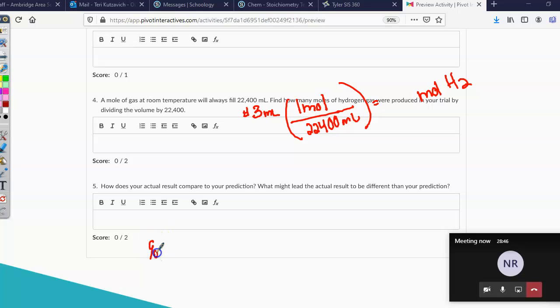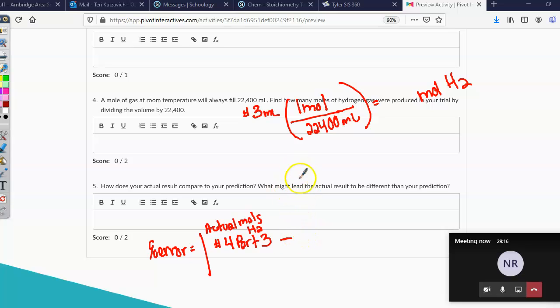Number 5, you're finding your percent error, which you have done twice so far. So it's actual minus theoretical divided by theoretical. So your actual is going to be your number 4 in part 3. This is your actual moles of hydrogen gas.